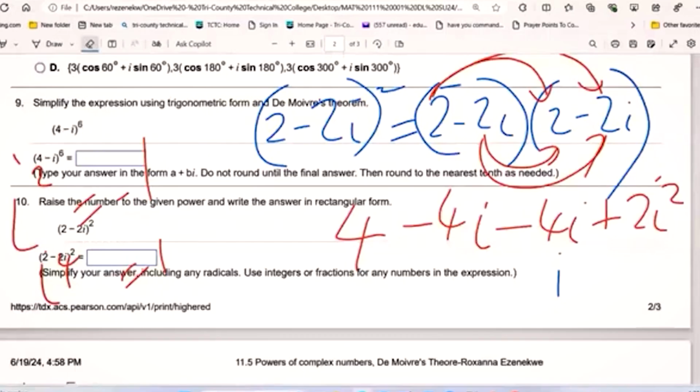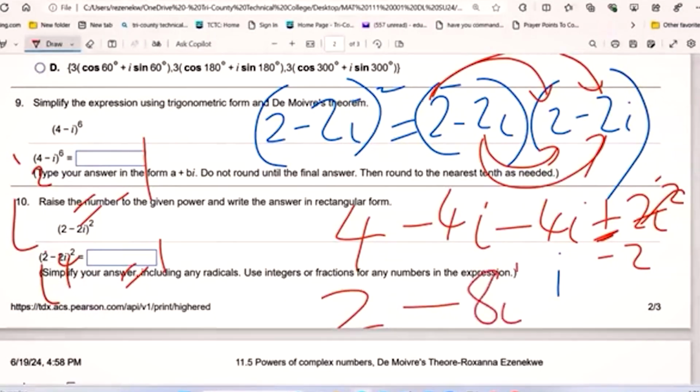Because we know that i squared is negative 1, I want to rewrite it as negative, so that's negative 4 finally. Collect like terms together. 4 minus 4 is 0, minus 8i, in standard form.